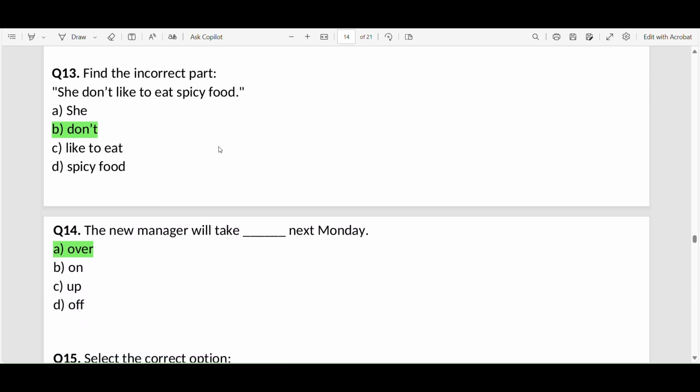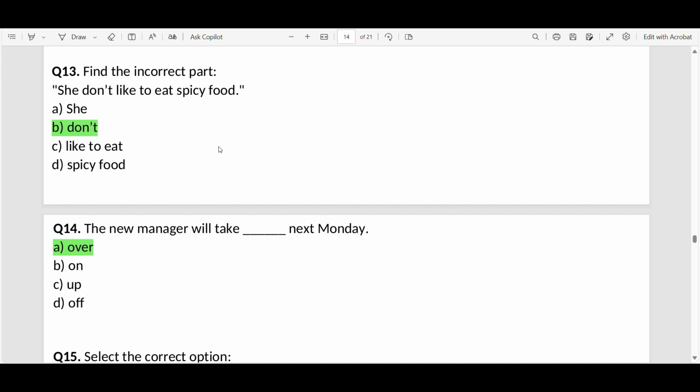And going to the next question, find the incorrect part. She don't like to eat spicy food. When you think of this, see, "don't" will be used for plural forms. They don't like to go there, like that means using a plural form.